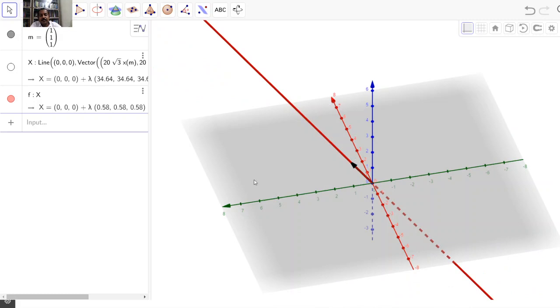This is the first quadrant, and this is the line in the example. So you can plot like this in GeoGebra.